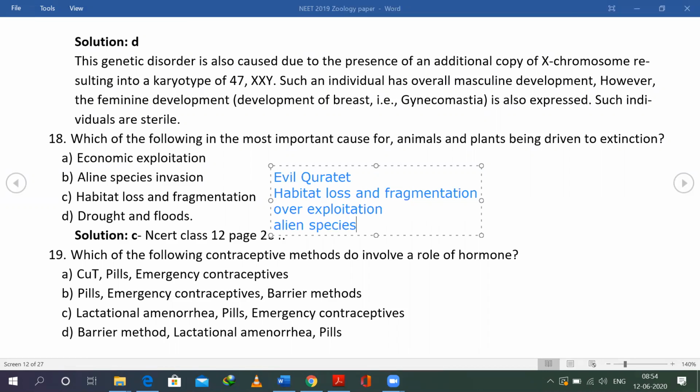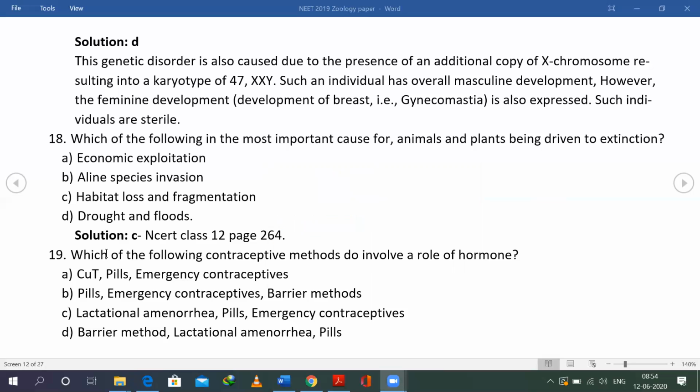Here also you need to remember the catfish, Clarias. If you introduce an alien species into a native habitat, the native species will be affected. And co-extinctions. So these four are the evil quartet, by which species will be lost from a habitat. Among these, the leading one is habitat loss and fragmentation.